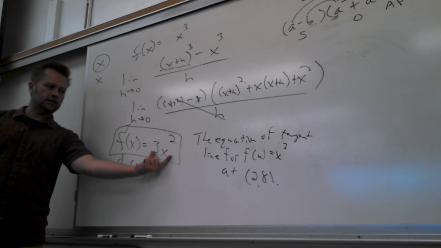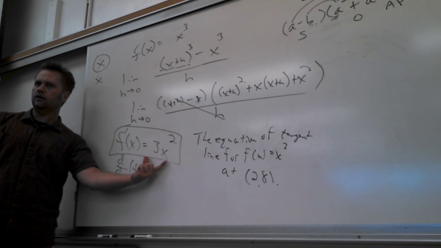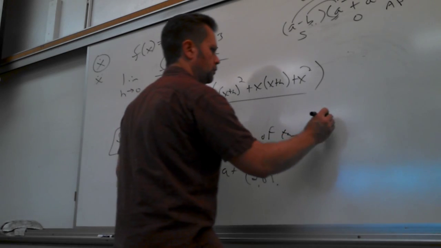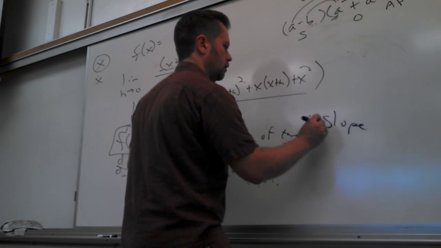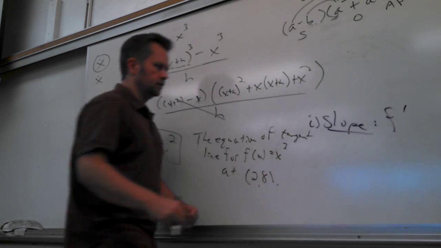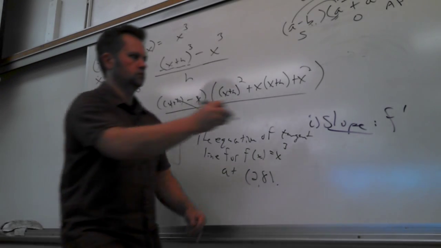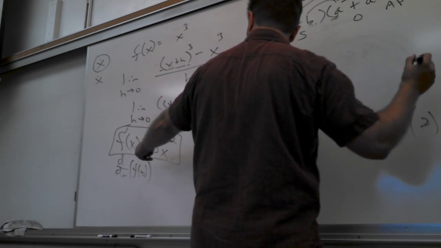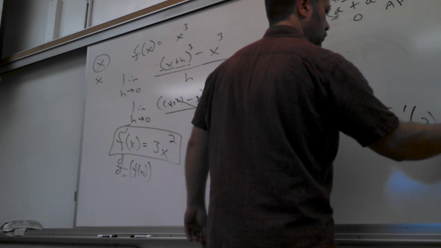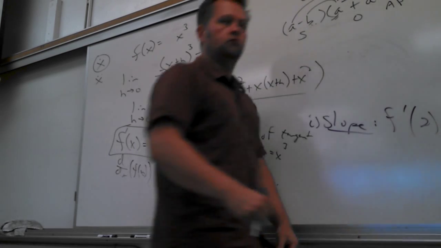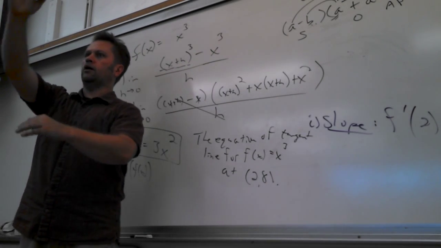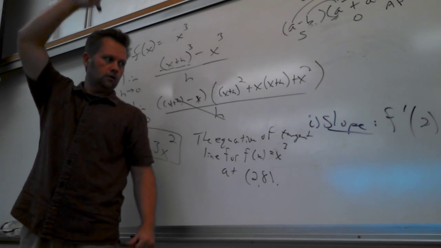The slope everywhere is defined by this. So specifically, the slope at 2 is going to be 3 times 2 squared, 12. Which makes sense. When you make a cube, it starts to rise really quickly, right?